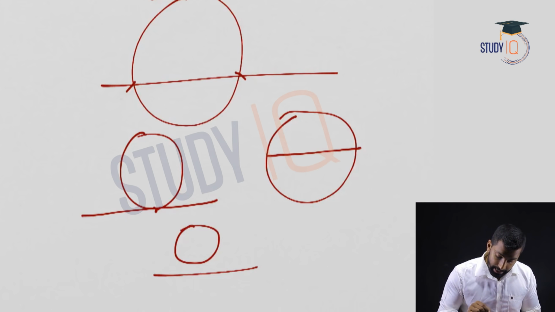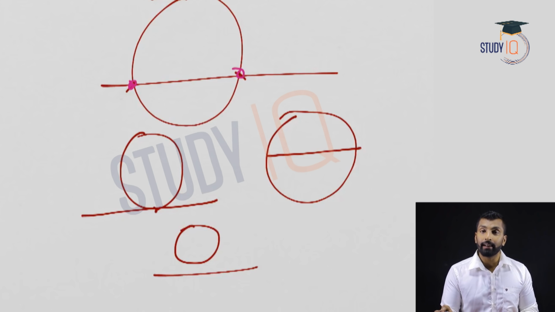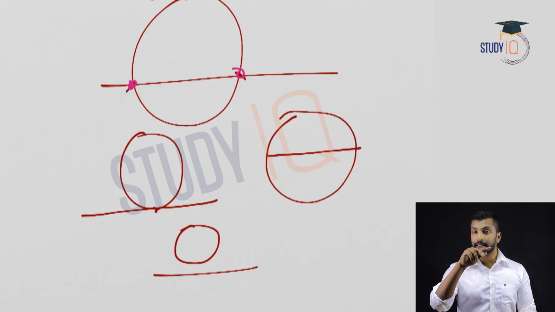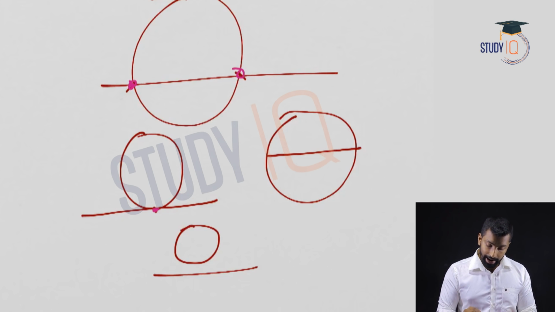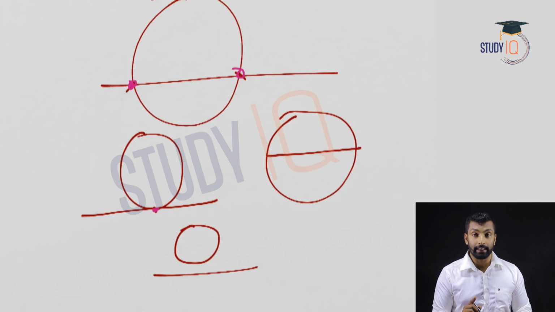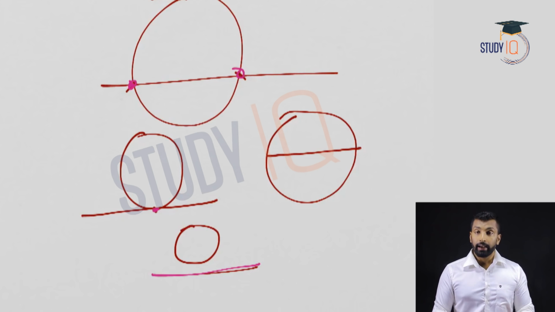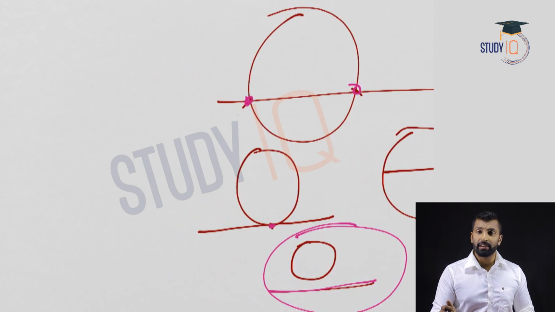So this is the first case. This is what you call a secant, when the line cuts the circle at 2 points. Here the line touches the circle at 1 point, you call it a tangent. And in the third case there is no intersection, the point of intersection is not real. See, the same thing we discussed when we discussed quadratic equations.